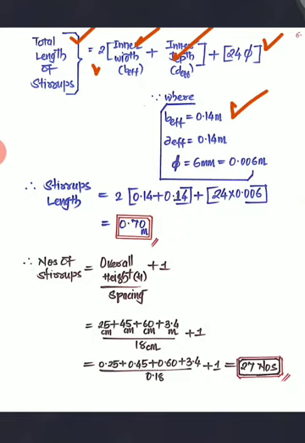Inner width is 0.14 meter, inner depth is 0.14 meter, dia is 0.006 meter. So 2 into (0.14 plus 0.14) plus 24 into 0.006, and you will get 0.70 meter as the total length of stirrup.